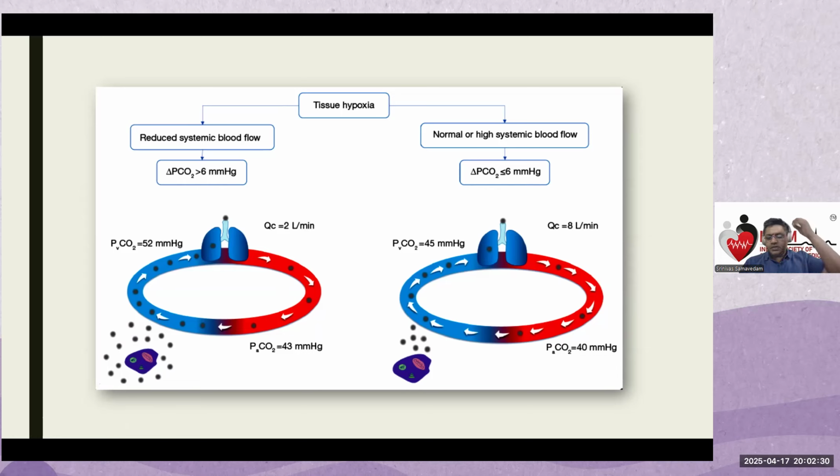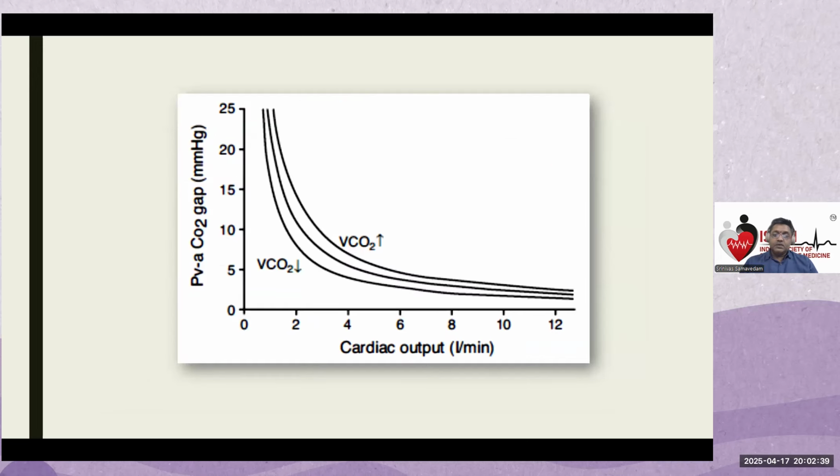So a delta PCO2 of more than 6 millimeters of mercury reflects a reduced systemic blood flow. It is one of the methods of assessing it. If you look at the cardiac output versus the AVCO2 delta, a cardiac output of less than 2 liters, or what is defined as cardiogenic shock, correlates with an AVCO2 delta of about 6 millimeters of mercury.